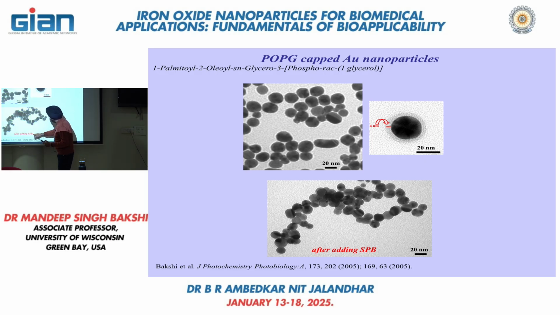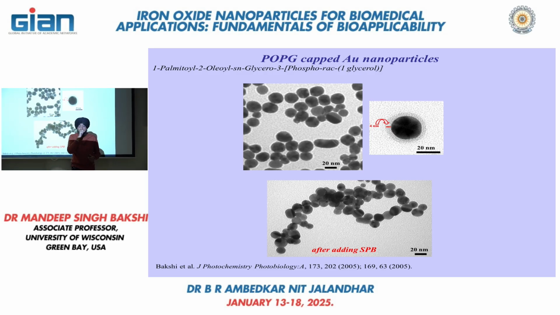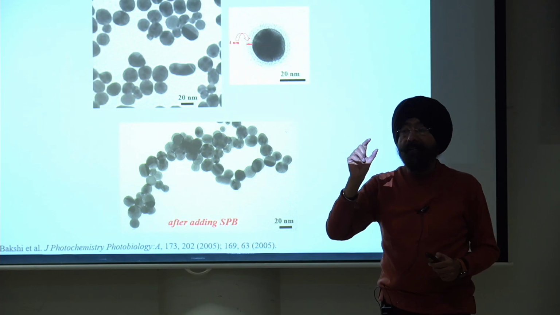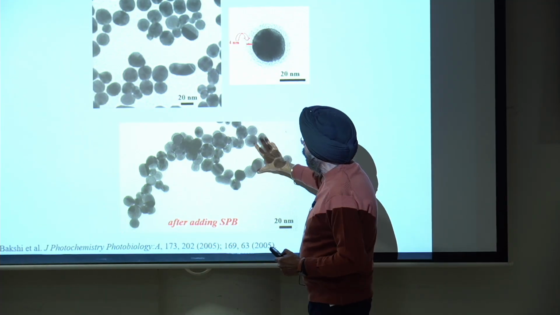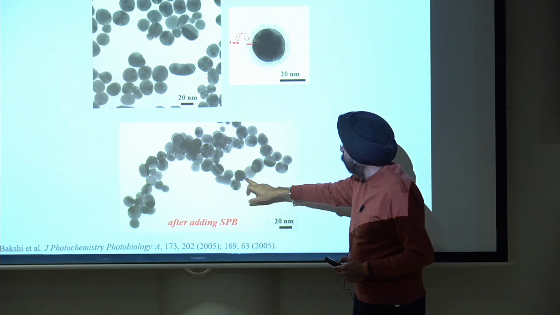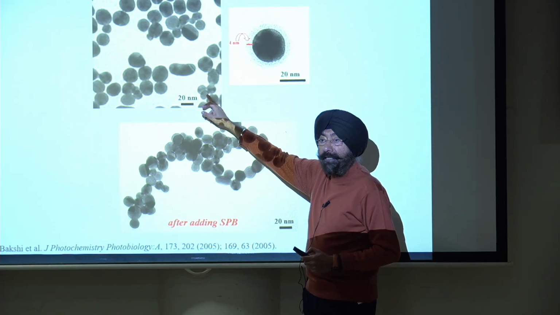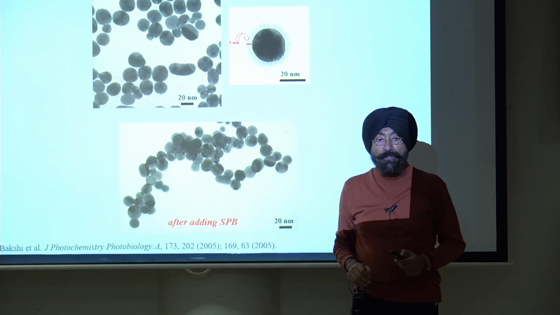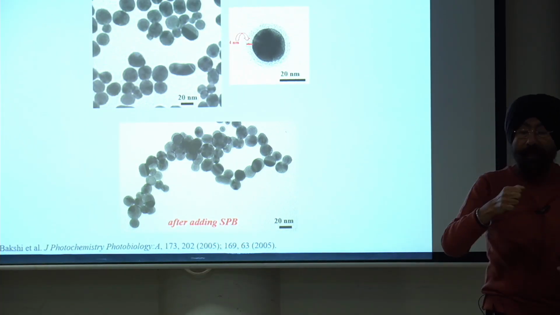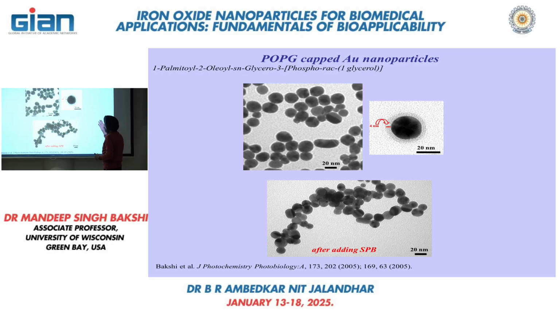When we added SPB, the gold nanoparticle, which were less aggregated in the presence of lipid molecules of the same composition as of human lung, as we added a tiny amount of the surfactant protein, the aggregation was enhanced. You see the aggregation? There was less aggregation over here, but as soon as we added a tiny amount of the surfactant protein suspension, and then we got the image, and we saw that the aggregation of the gold nanoparticle is now much more enhanced than what is over there.